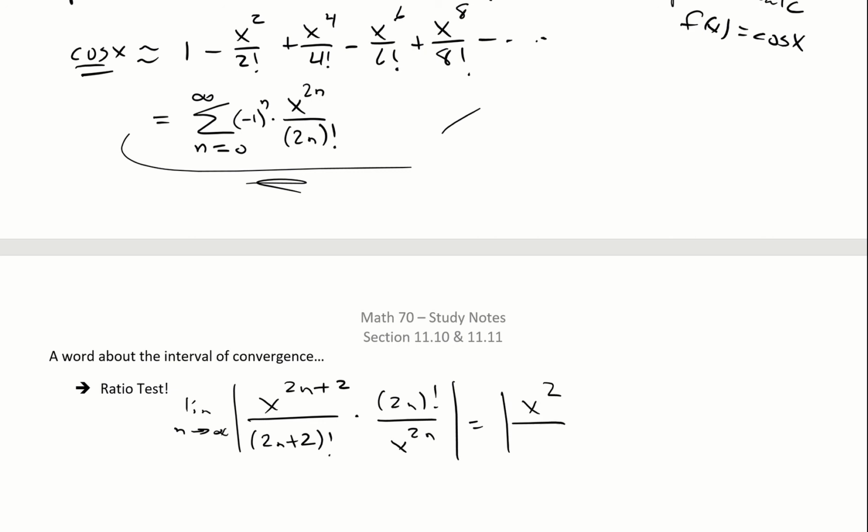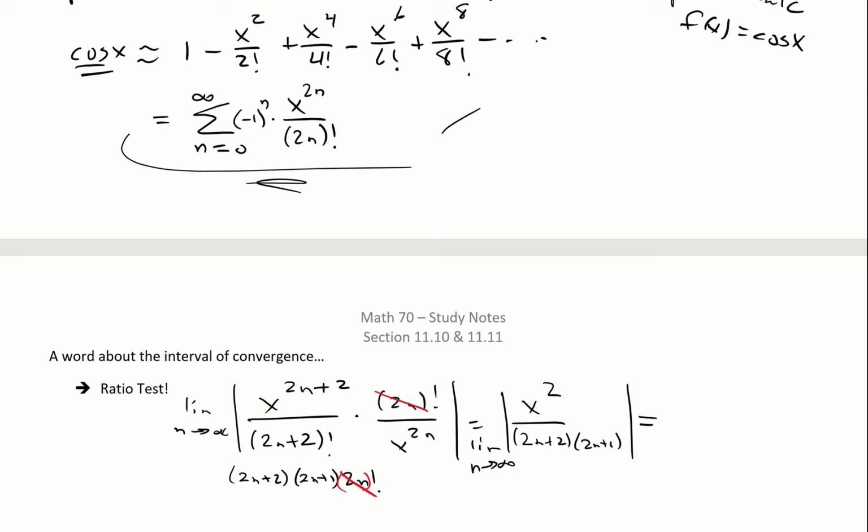And if you know your factorials, watch, 2n plus 2, go down 1, 2n plus 1, go down 1, 2n, might as well keep going, call it factorial. Yeah, we're going to cancel the 2n factorials like so. And you're left with 2n plus 2 times 2n plus 1, like so. Forgot something. Limit, very important, as n goes to infinity.